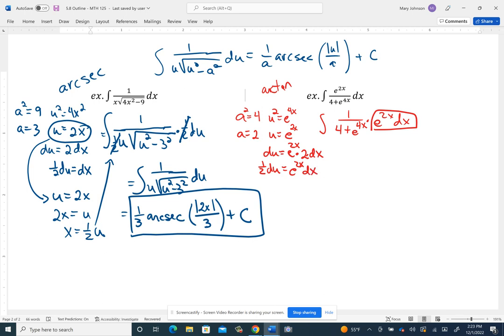Okay. All right, so then I have it almost looking like the tangent function exactly. So 4 is 2 squared. E to the 4x is e to the 2x squared. And then I have this e to the 2x dx. Dx down low there, dx. Okay.